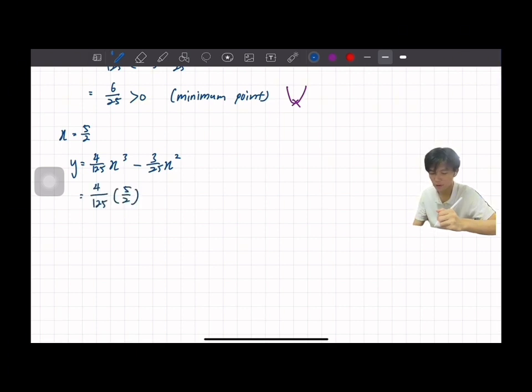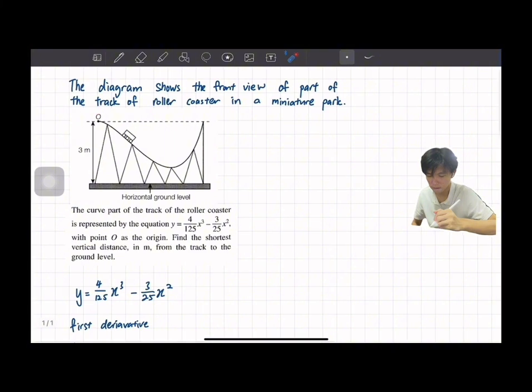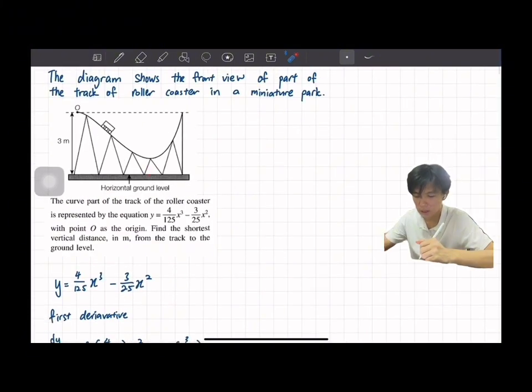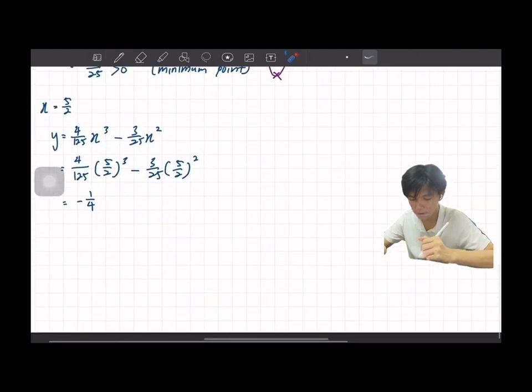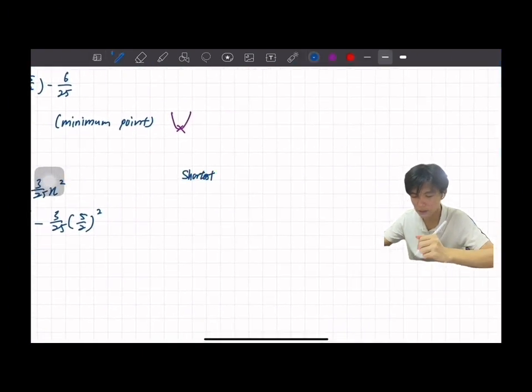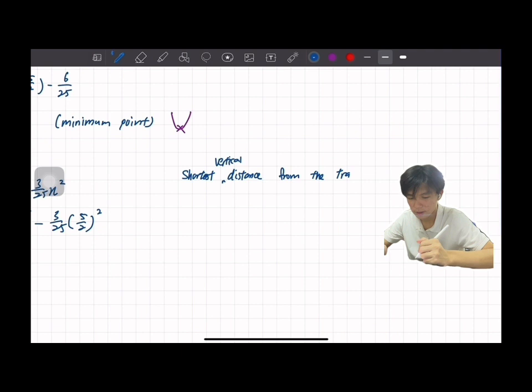So we sub in x equals 5/2 into the equation given. So you can see here, the 3 m is below the point origin O, so we have negative 1/4. And now we need to find the shortest vertical distance from the track. So we need to minus the answer, which is 3 minus 1/4, and it is 2 and 3/4, which is 2.75 meters.